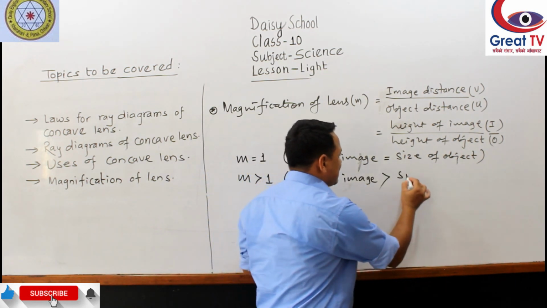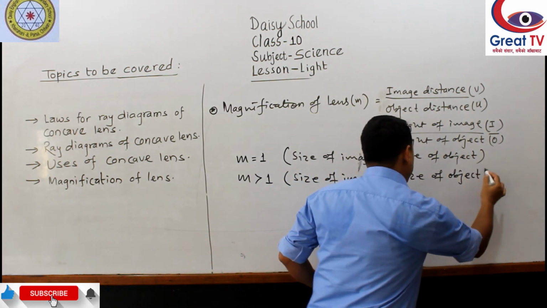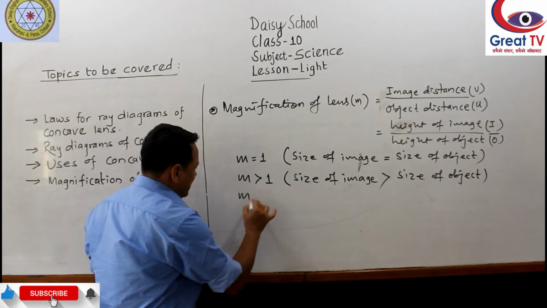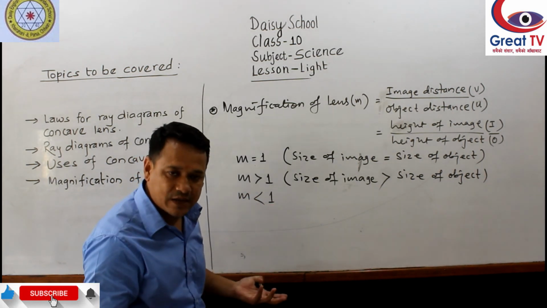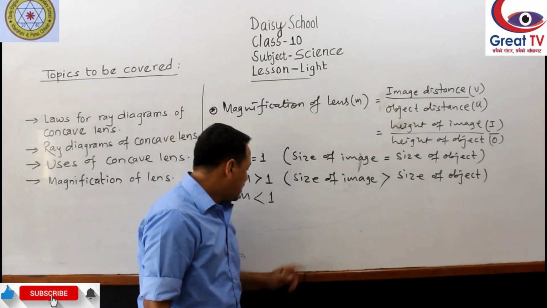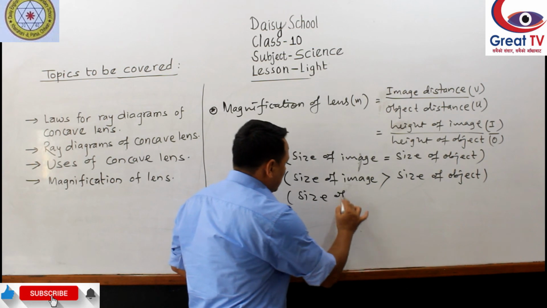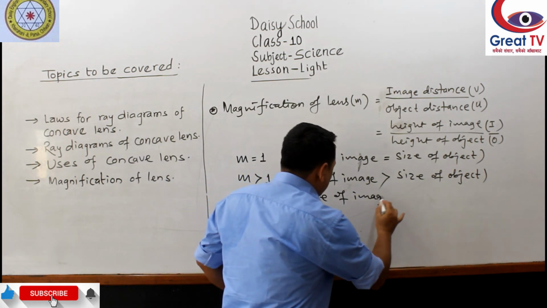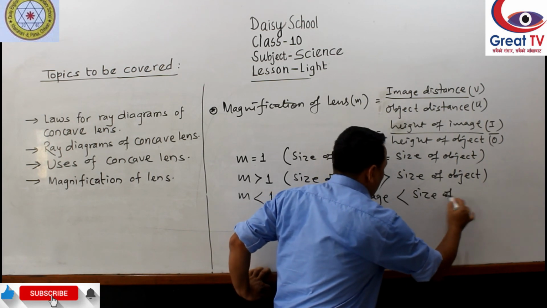If the magnification value is less than 1, like 0.5 or 0.7, then it means the size of image is less than the size of object.